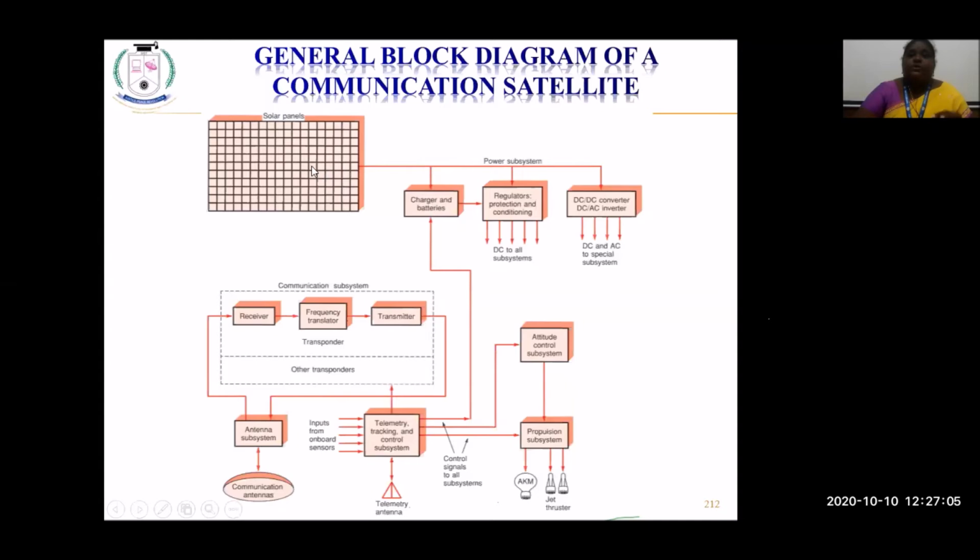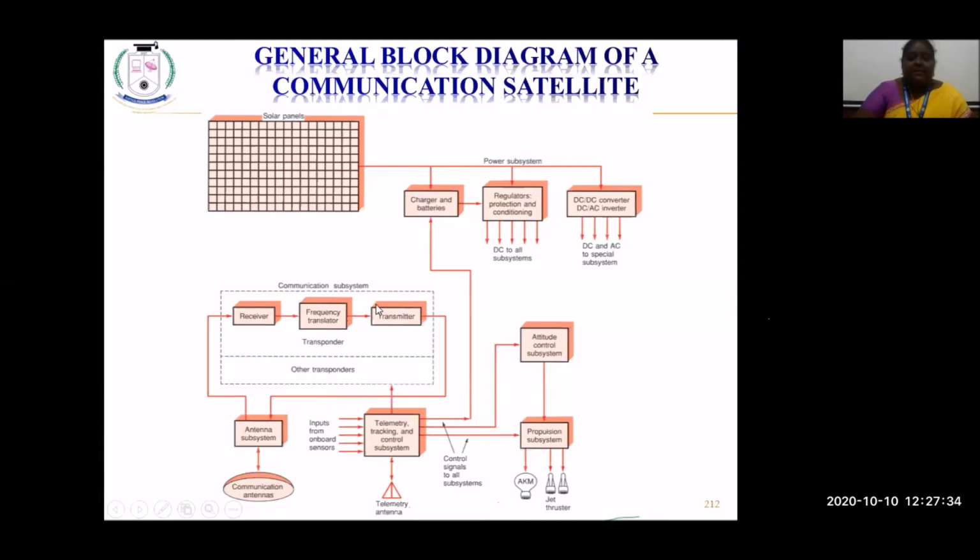The solar panels will not be able to produce the power required for the subsystem functioning. Therefore, for those few minutes, the batteries which are being charged continuously will support and supply power to all the other subsystems. Is it clear? That is about the power subsystem.